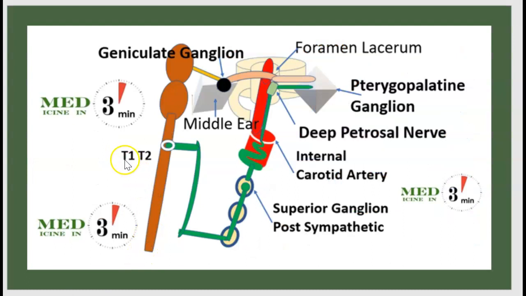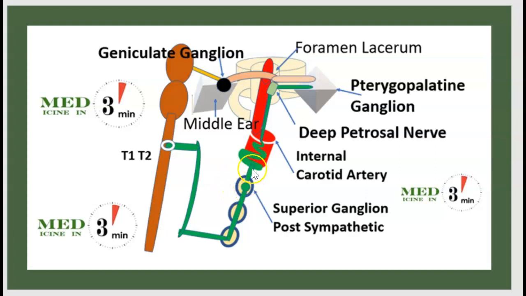At the level of T1 and T2, sympathetic fibers go through the superior ganglion, the postsynaptic superior ganglion of the cervical chain.